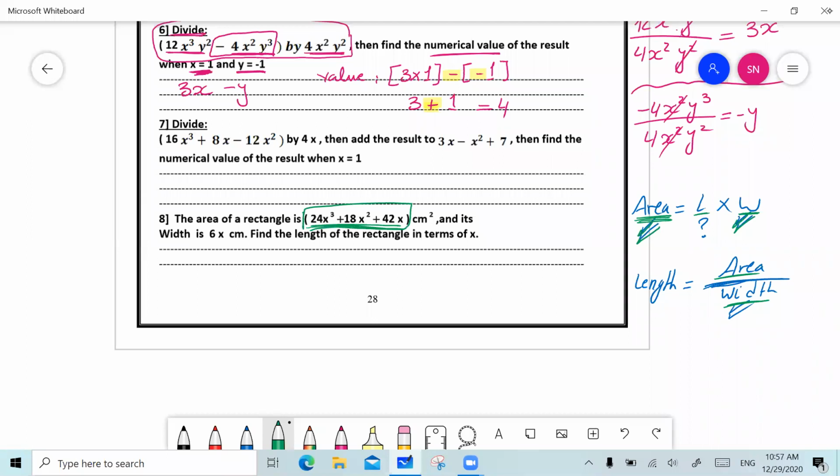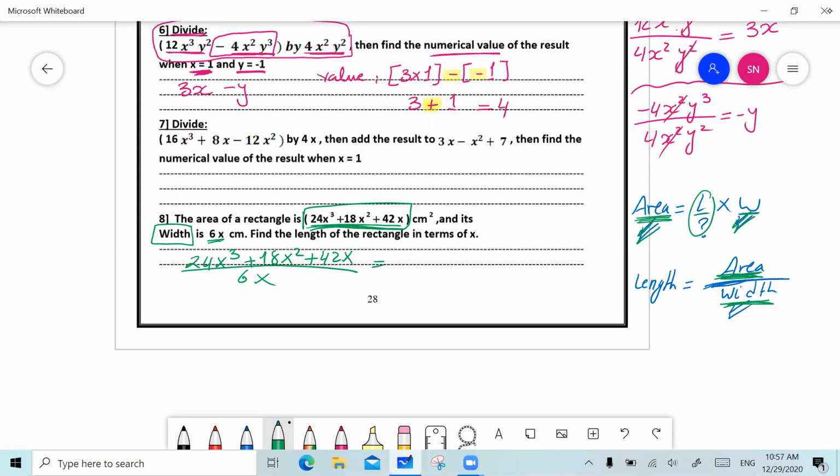And the width is 6x. He already told me that the width of the rectangle is 6x. If I want to find the length, I'm going to make the area divided by the width. He gave me the area as an expression. So 24x to the power of 3 plus 18x squared plus 42x. I'm going to divide it by the width, which he gave me as 6x. And then work it normal.